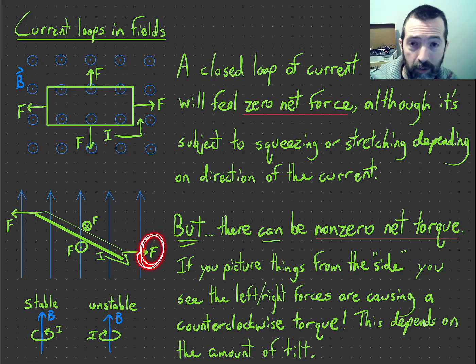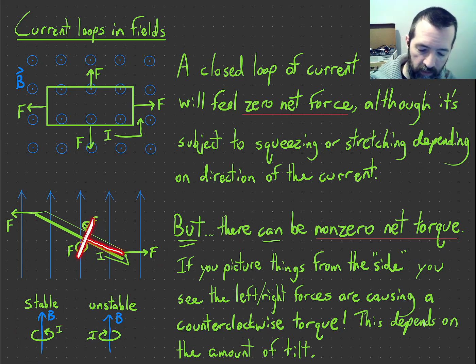You can find that by doing IL cross B. And then you would need an r vector. That's going to depend on where the pivot point is. Typically, with a wire loop like this, there would be an axis or an axle that goes through the center. So your r vector would be this. And then you can do your r cross F and figure out how much torque is applied to the loop due to the magnetic field.